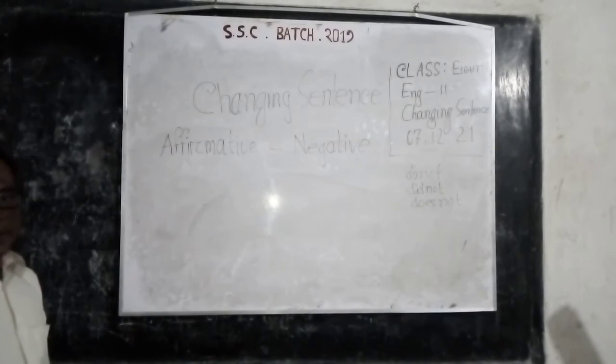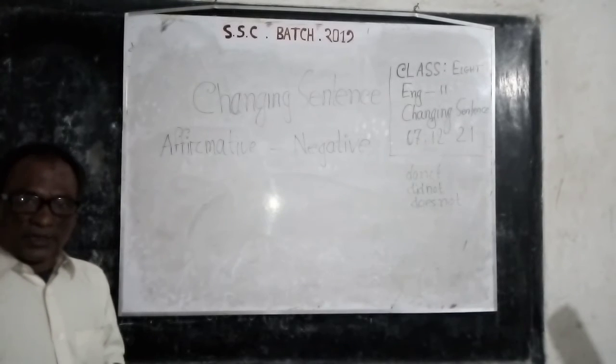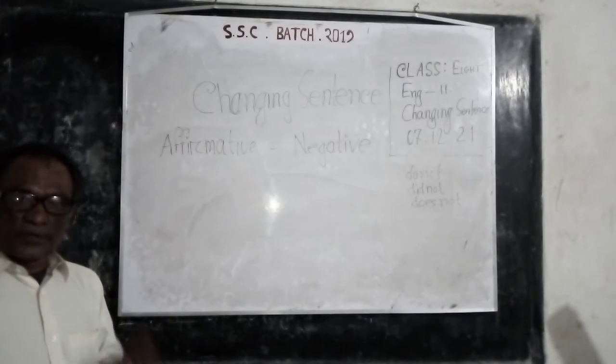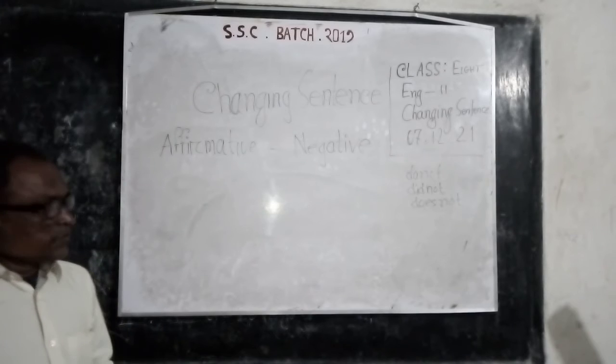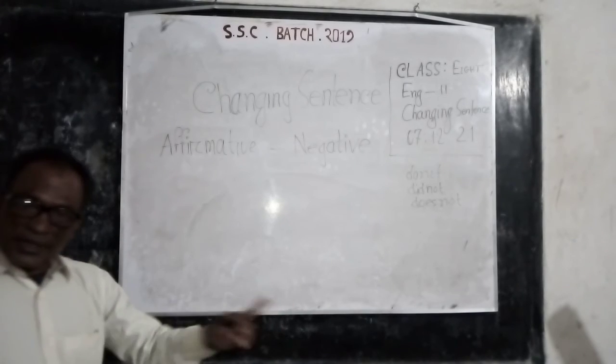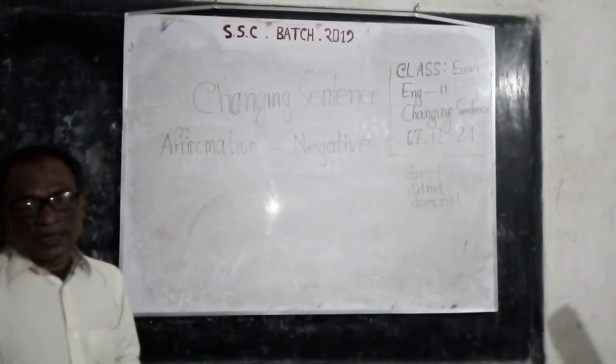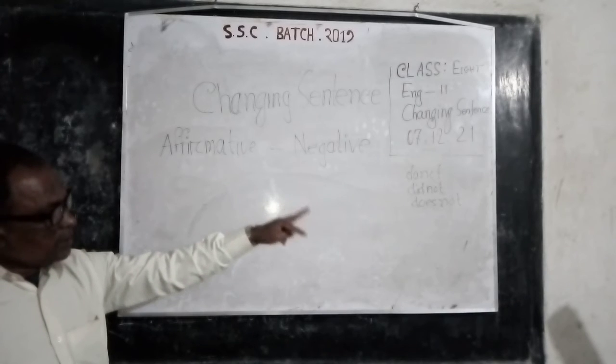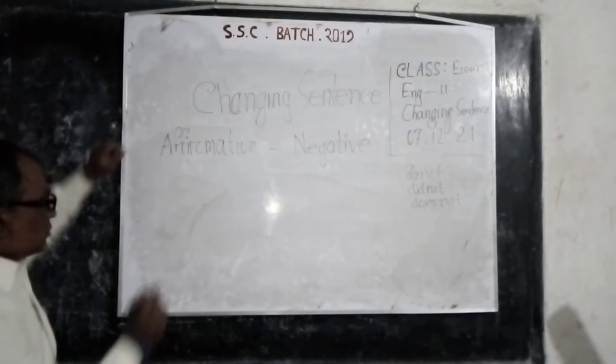If we find an auxiliary verb, it is very easy to make it negative. After the auxiliary verb, we use not. But if we do not find any auxiliary verb, then we use do not, did not, does not. Follow the blackboard.